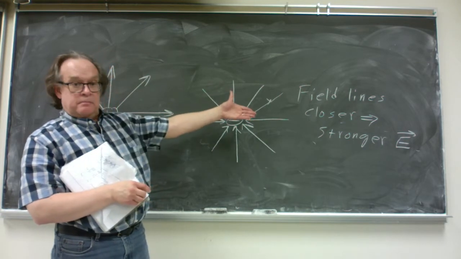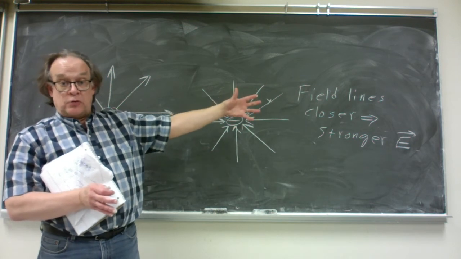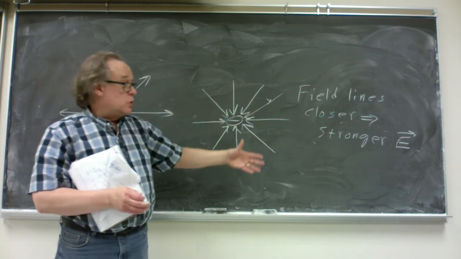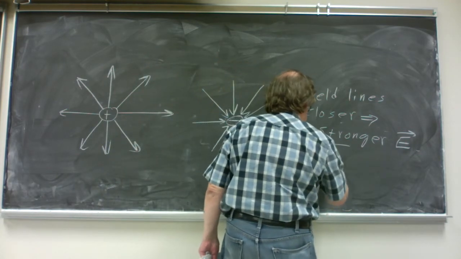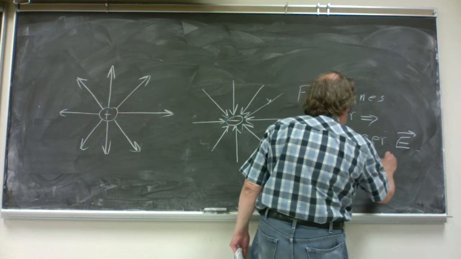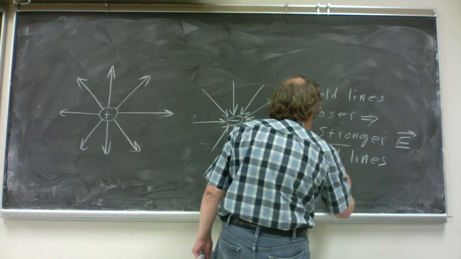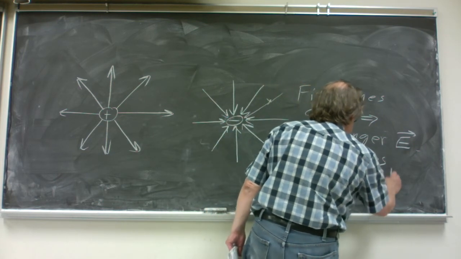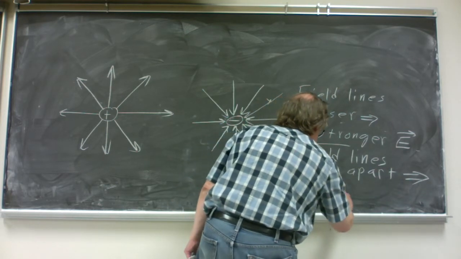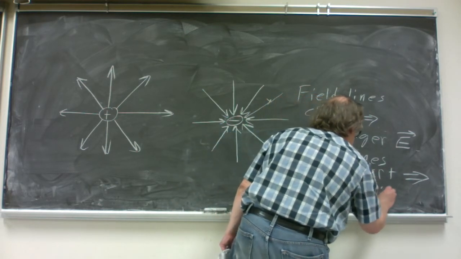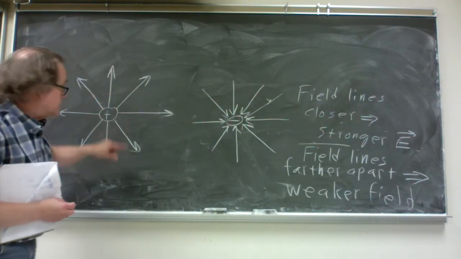And then just the opposite, you can guess what that is. If the field lines spread farther apart, that corresponds to a weaker field, and that's exactly what we see in these two drawings.